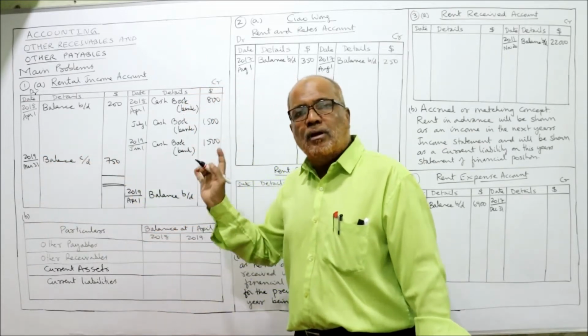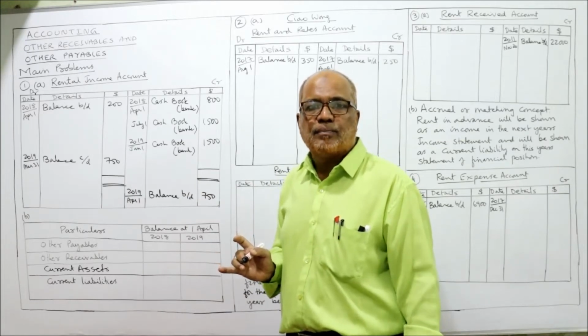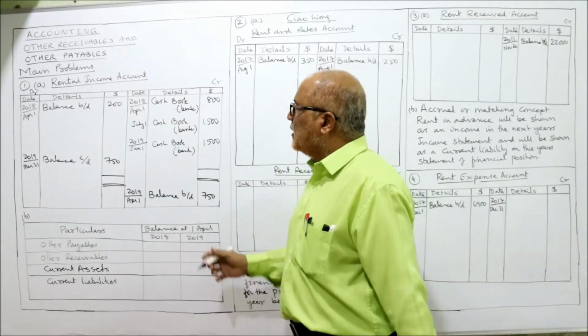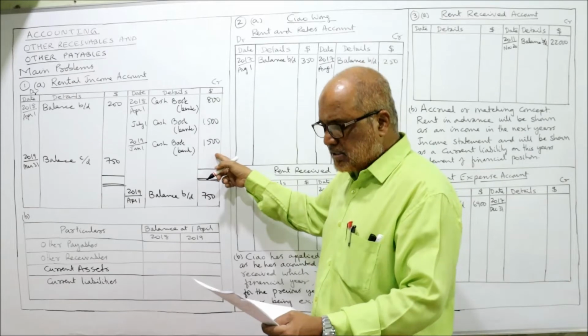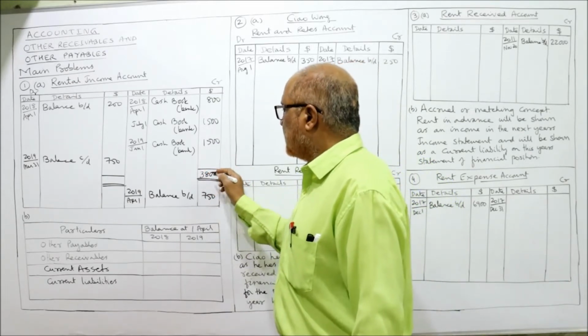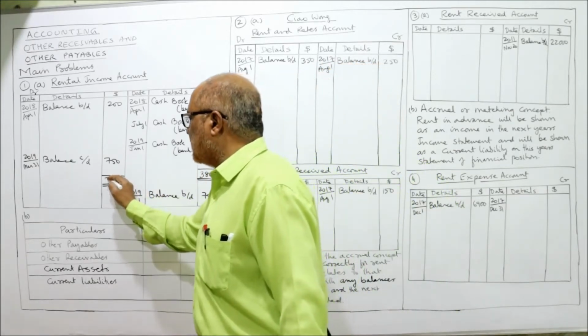That's all. Now the remaining balance should be transferred to income statement. The total on the credit side is 3,800. Same 3,800 you take it here.